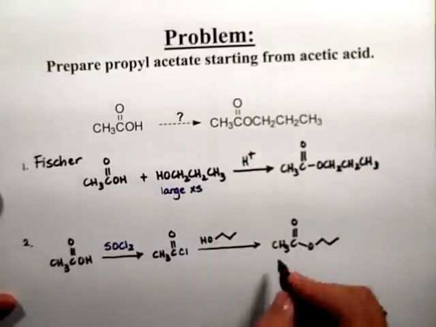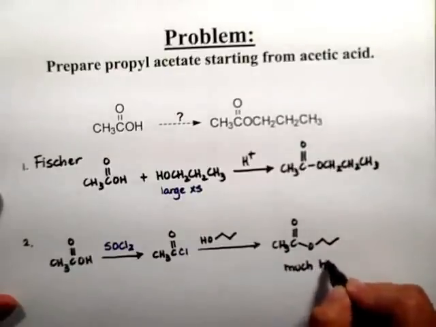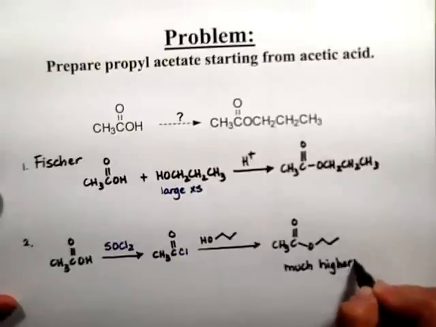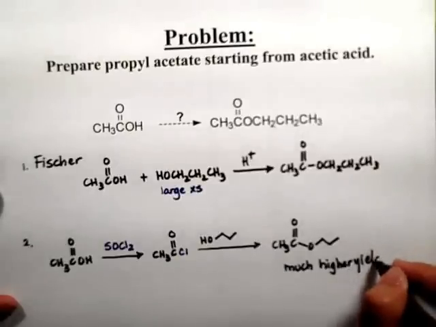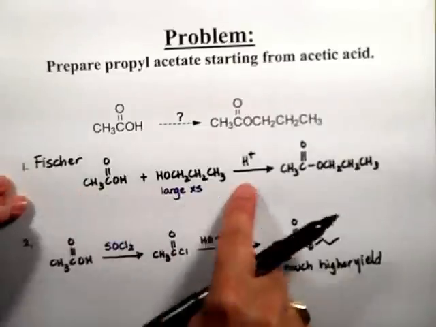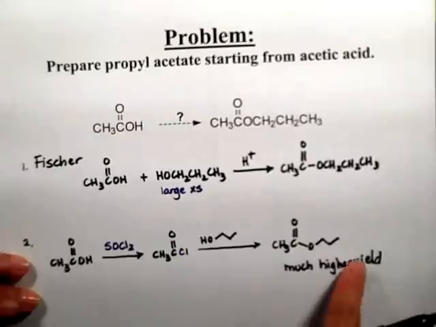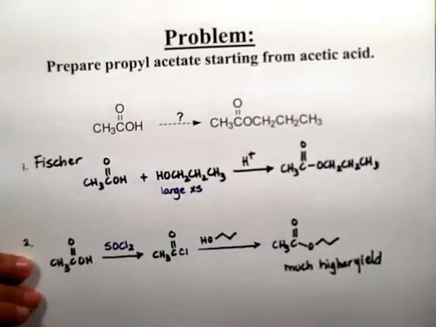And I get a much higher yield of the ester. So I know the Fischer reaction is a way to go in one step, but the second part right here is a much better way of completing the synthesis in a much higher yield.